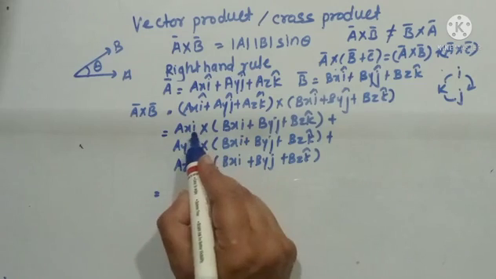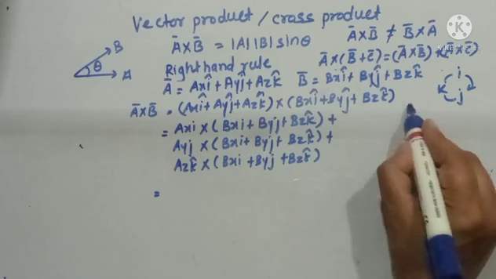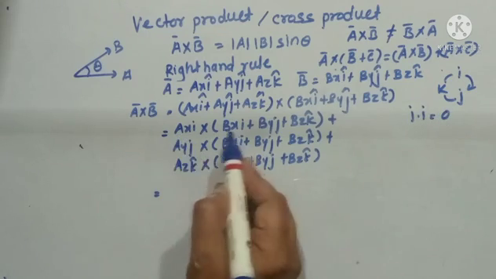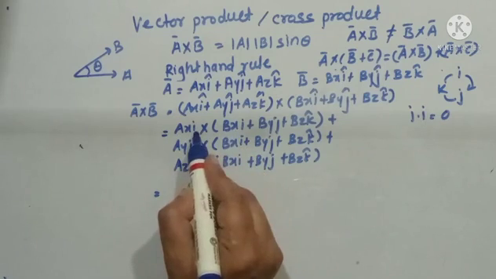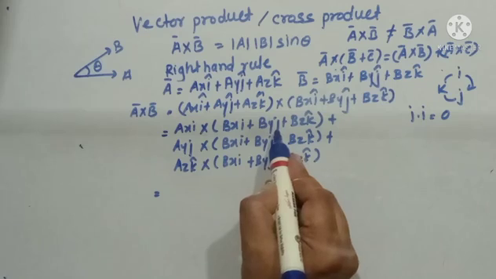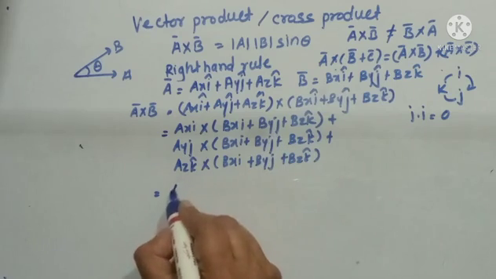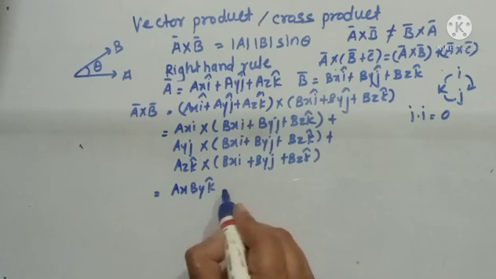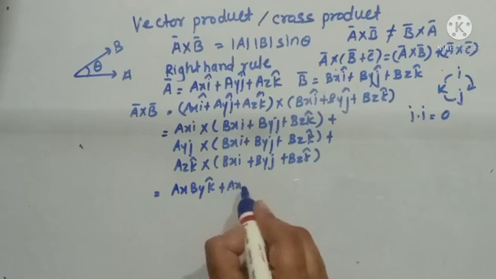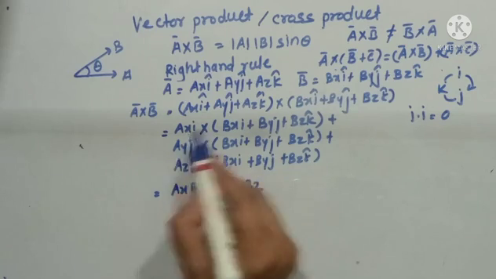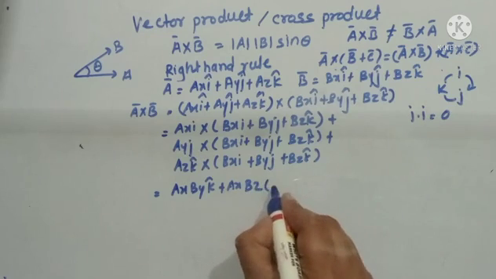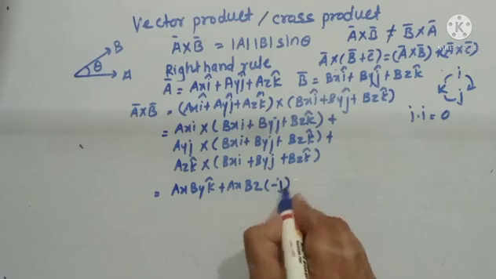Now, we know that i cross i is equal to 0, so the first term will become 0. i cross j will give me k, so this is ax by k. Plus ax bz, i cross k will give me minus j.